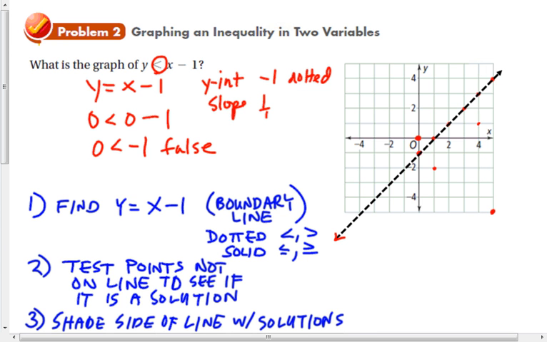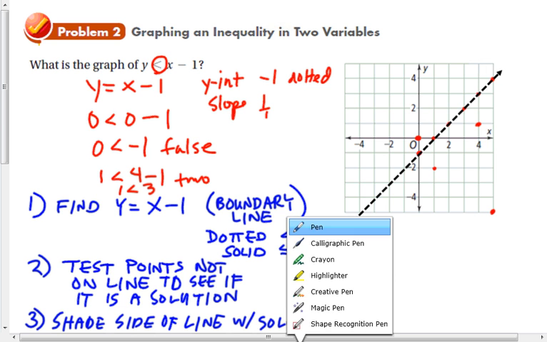Now you could check one if you wanted to, like how about this one, (4, 1). Is 1 less than 4 minus 1? 1 is less than 3, right? So that's true. And we can be certain that every point on this side of the line is also going to be true. So we're going to shade over there.